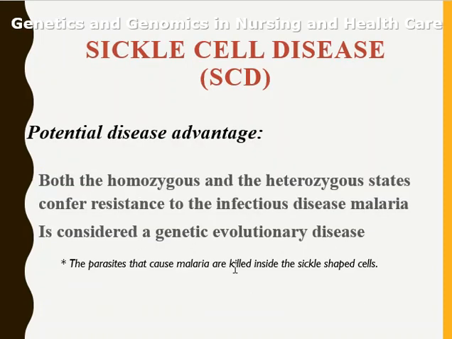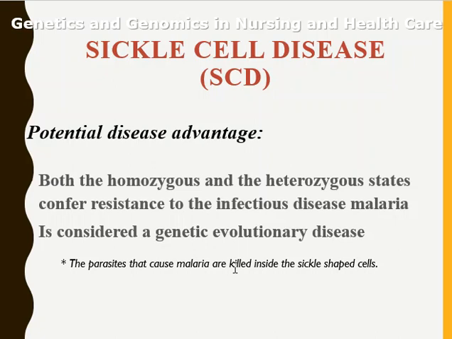The disease advantage is that both the homozygous and the heterozygous states do create a resistance to the infectious disease malaria. So it is considered a genetic evolutionary disease because those parasites can't live inside the sickle-shaped cells. So it is an evolutionary advantage.